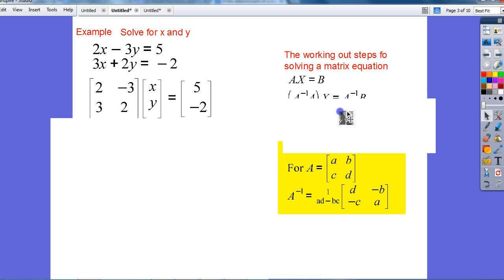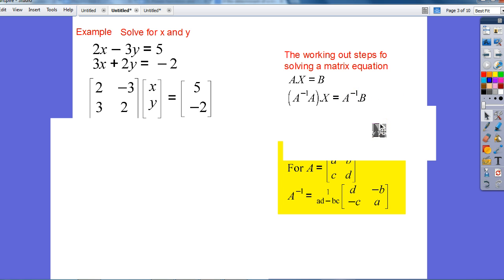So how about we multiply both sides by the inverse matrix of A. On the left we have the inverse of A times A, and on the right hand side, the inverse of A times B. It's very important that if we multiply to the left of all other matrices on the left hand side of the equal sign, we have to do it to the left of B on the right hand side of the equal sign.